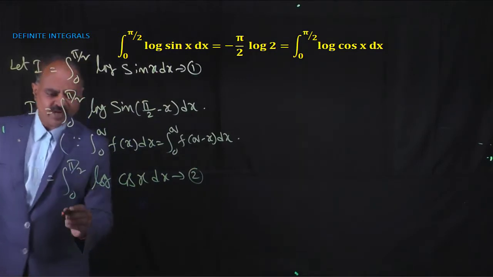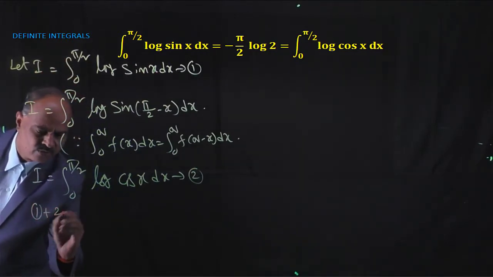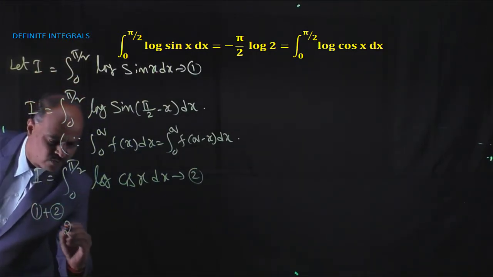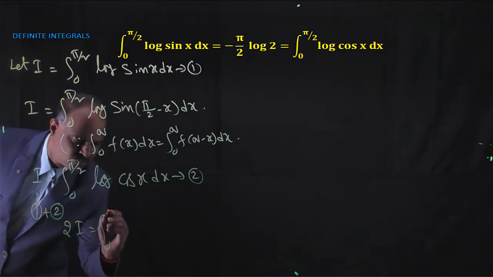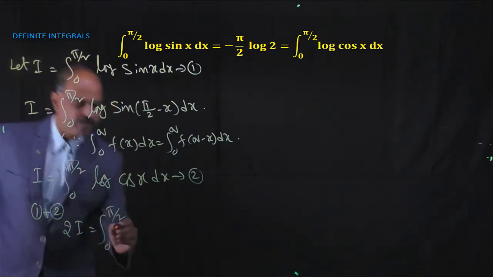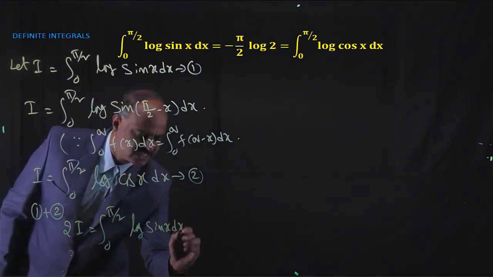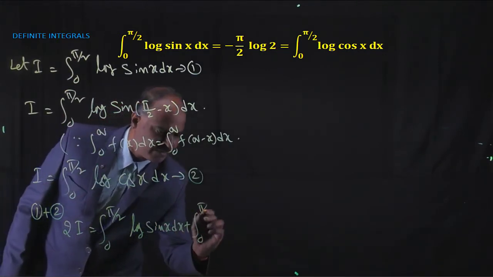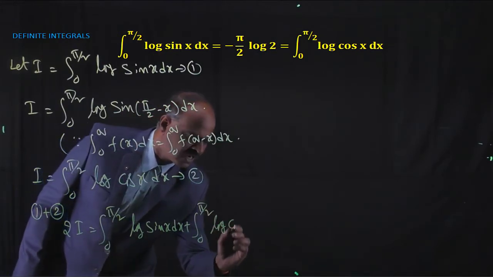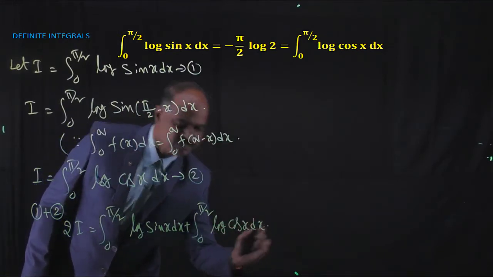Now adding 1 and 2, I plus I, 2I equals integral 0 to pi by 2 log of sin x dx plus integral 0 to pi by 2 log of cos x dx.